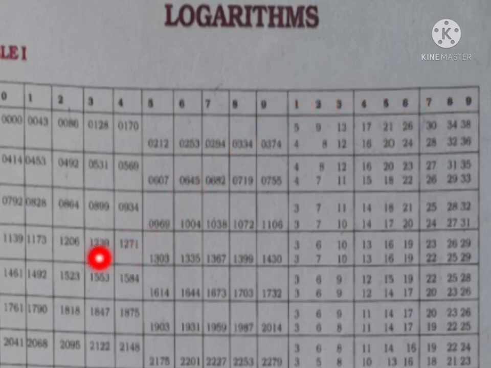So here the value is 1279 plus, and from these horizontal lines, these columns, we have to find the number that we have to add with this number. So I got 1287.